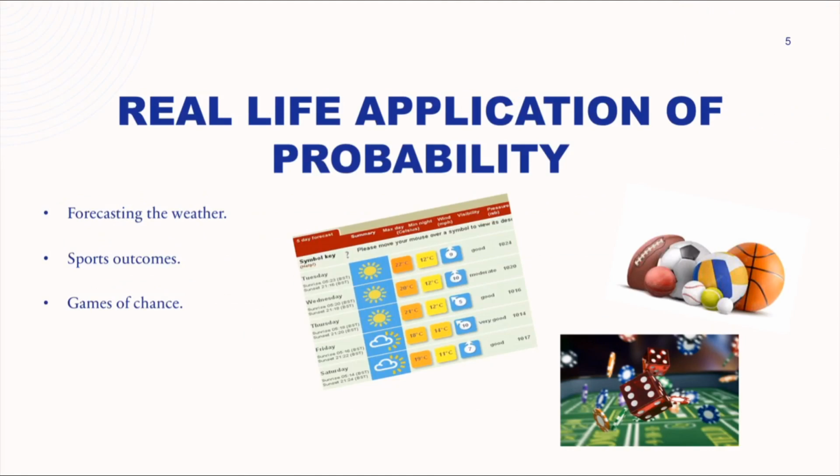Real life applications of probability. Now of course we use probability not only in maths but in our real life as well, such as forecasting the weather. Of course we have to forecast the weather in order to know what is the chance of rain or what is the chance of a thunderstorm, so that we can plan an outing. Sports outcomes are also another real life application of probability. It shows us what will be the score.